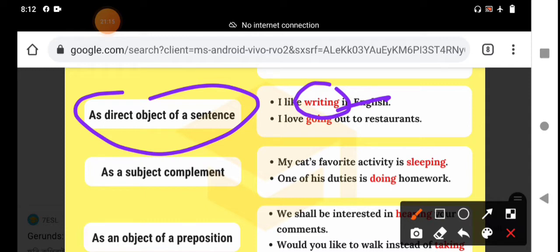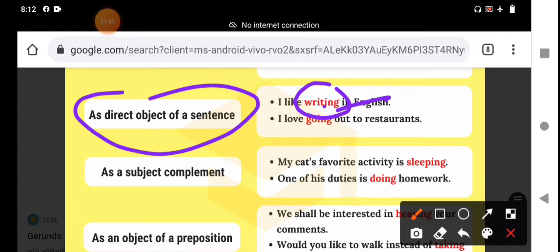And I love going out to restaurants. Many students pronounce restaurants wrongly. We utter the wrong pronunciation, mispronunciation. Restaurants is the right pronunciation. I love going out to restaurants.